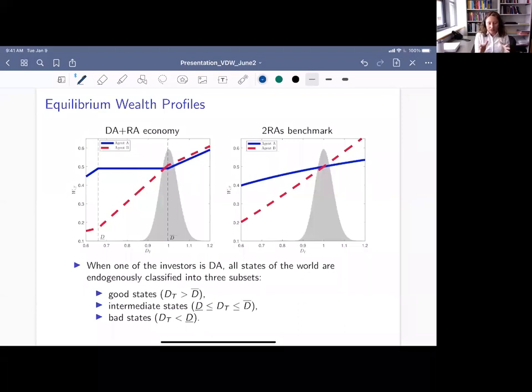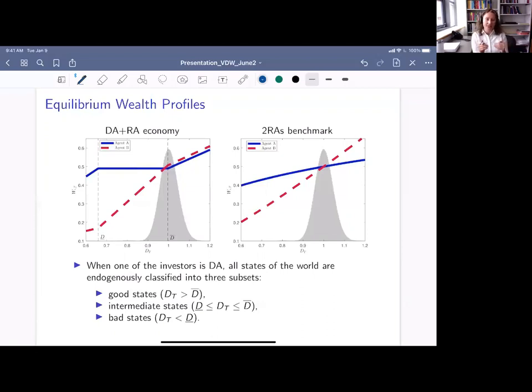Let me focus on the left plot here. The blue line is the wealth profile of the disappointment averse agent, and the red line is the wealth profile of the risk averse agent. Looking at this plot, all the states of the world will be endogenously classified into three groups: bad states, intermediate states, and good states, as we label them.